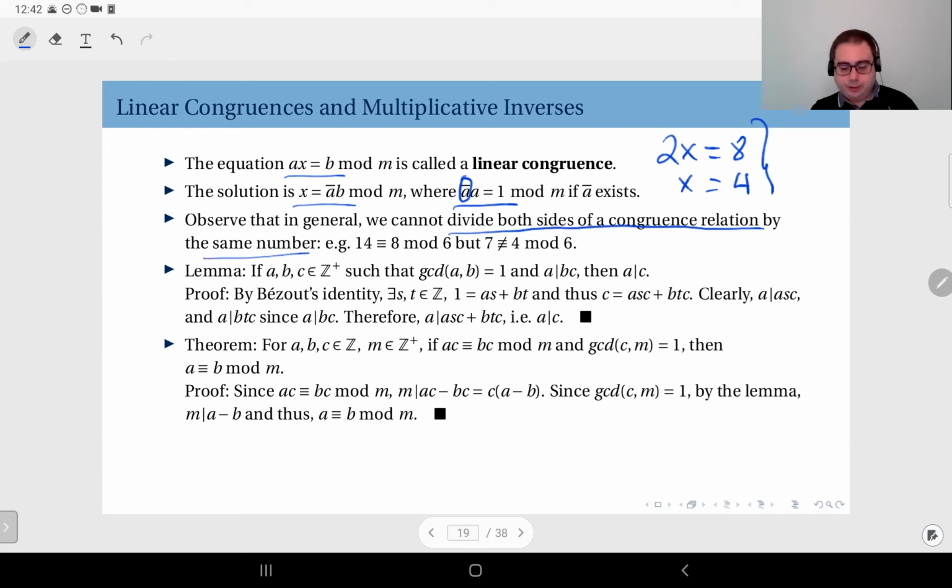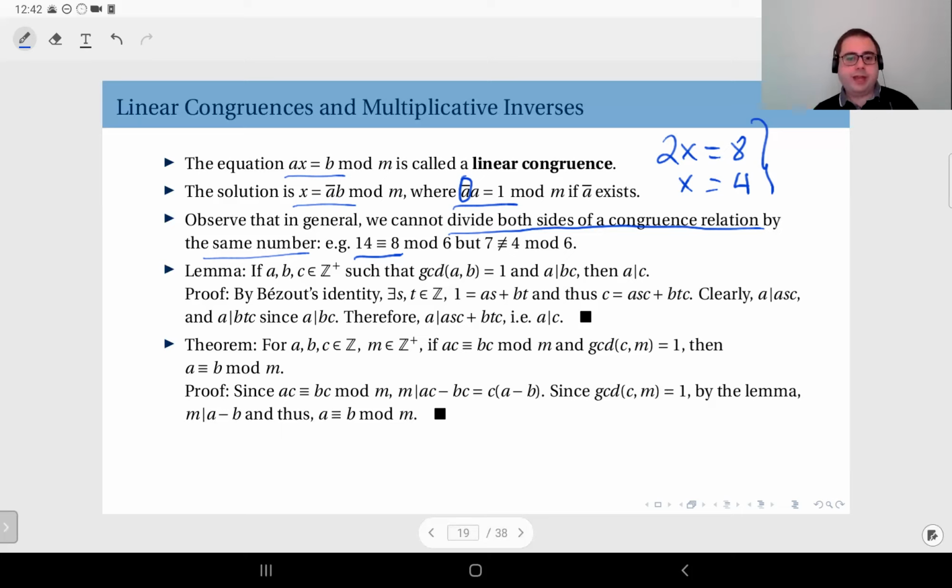For instance, 14 and 8 are congruent modulo 6, but if you divide both sides by 2, you get 7 on the left-hand side and 4 on the right-hand side, and clearly they are not congruent modulo 6. So you will have to be careful about canceling both sides of a linear congruence relation under modular arithmetic.